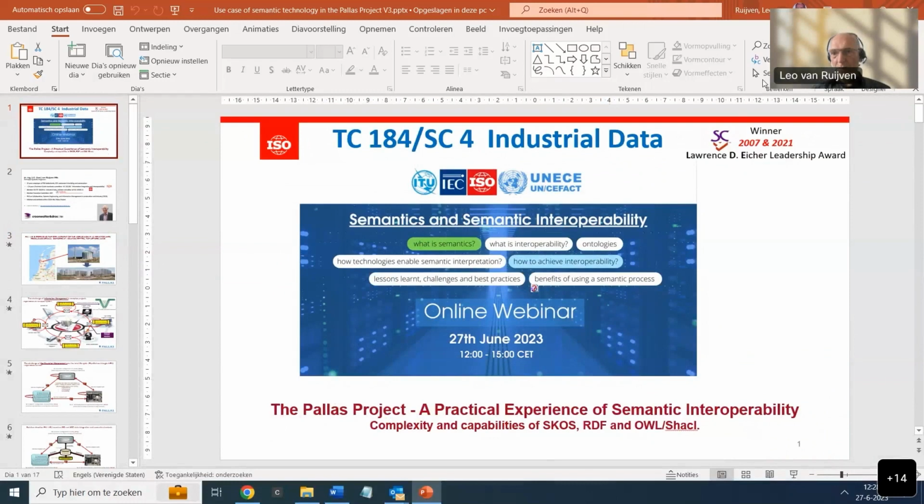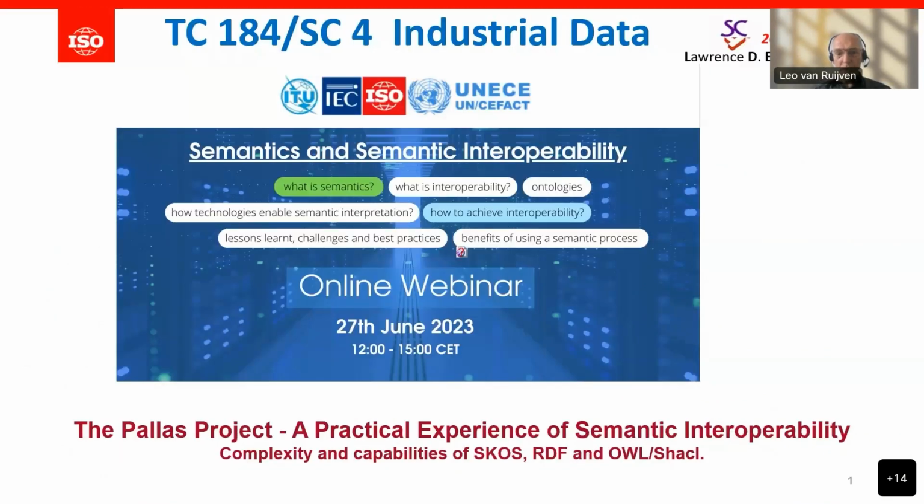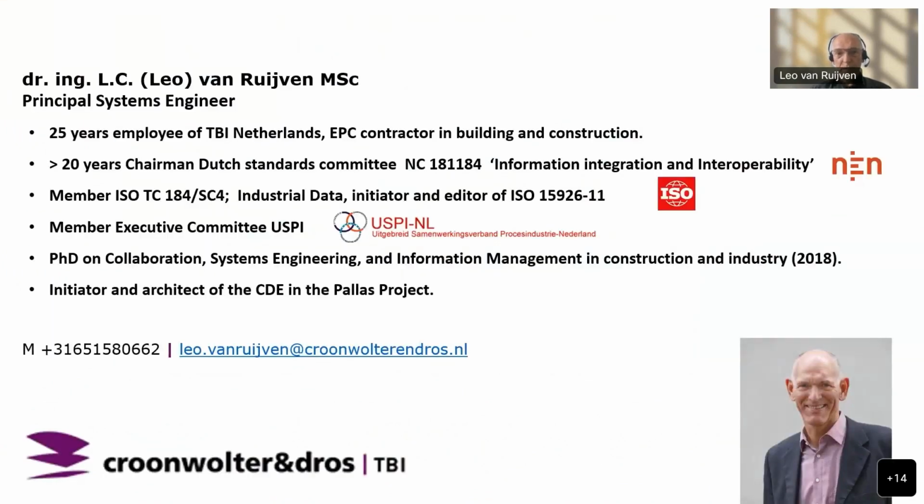So indeed, this is a presentation of the 184 SC4 community industrial data. A little about my background: from the EPC contractor in the Netherlands in building construction, a member of SC4 industrial data, initiator and editor of the ISO 15926 part 11, a member of USPI in the Netherlands.